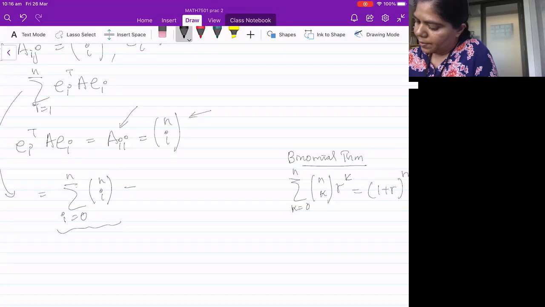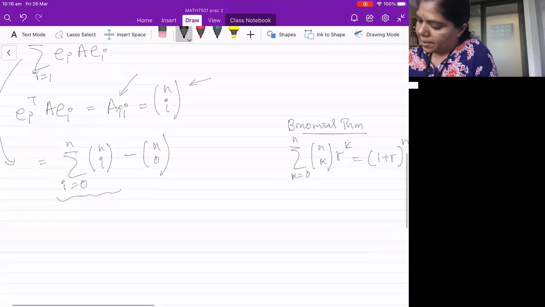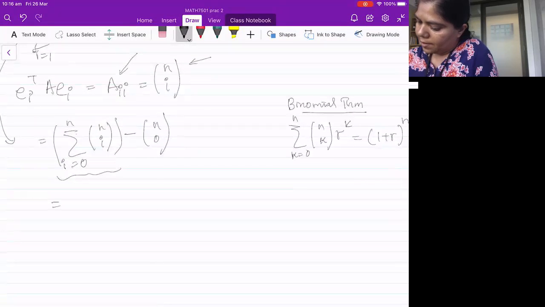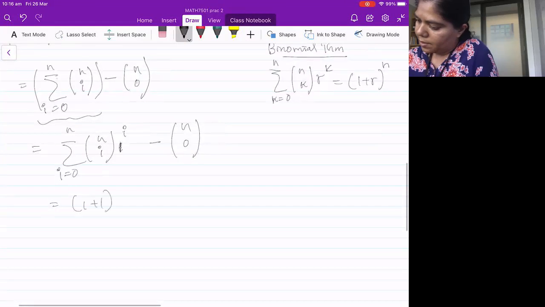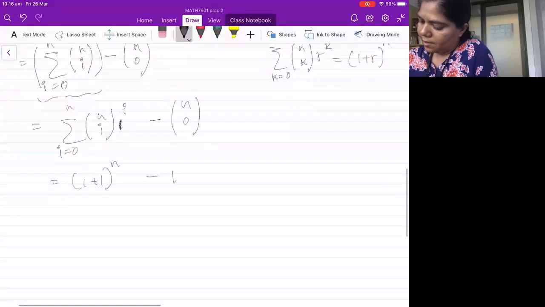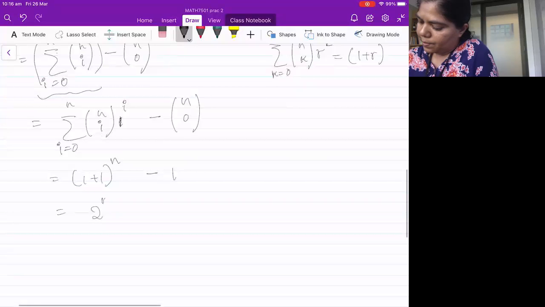Take away the i equals 0 term, that's then 1. That should be now equal to, in this form, the sum from i equals 0 to n of n choose i, 1 to the power i, minus 1. This is equal to 1 plus 1 to the n, minus 1. That's equal to 2 to the power n minus 1.